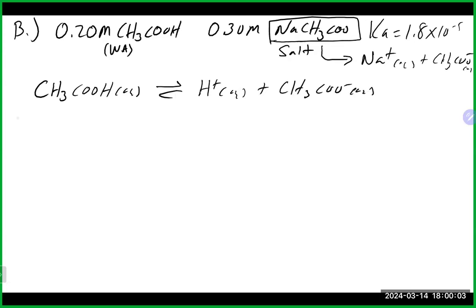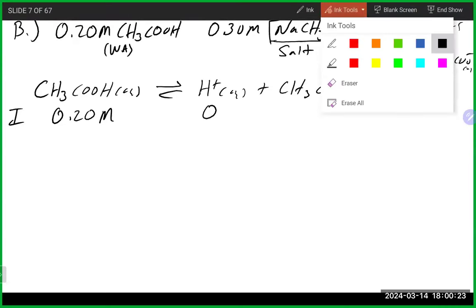So initially here, we do have 0.2 molar of our acetic acid. We have none of the H plus. Now, what about the acetate? Do I have any acetate? I do initially because I dumped in there some sodium acetate, right?